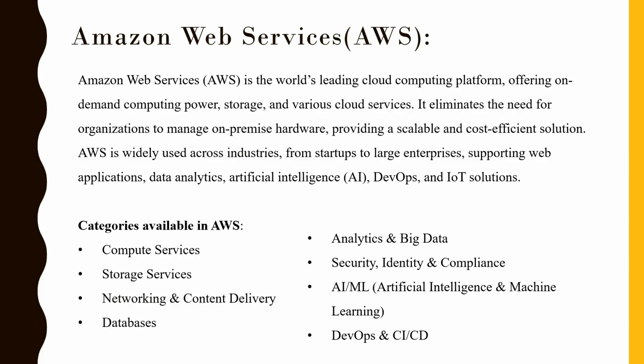Coming to security, identity, and compliance, we have a few services like IAM and AWS KMS, which provide compliance and security through encryption for our services, objects, and files, whatever we choose to store or create in IAM or S3. And the next one is AI/ML, which is artificial intelligence and machine learning.